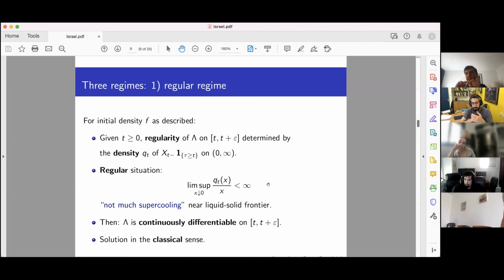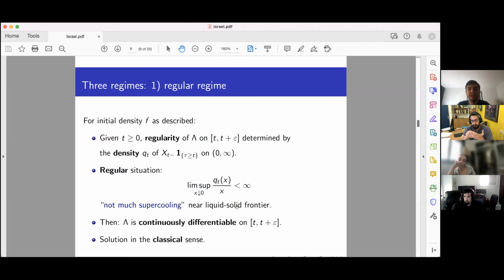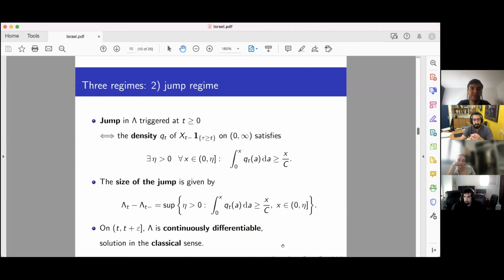So you will get a frontier lambda which is continuously differentiable on a small interval past time t, say from t to t plus epsilon. That's the boring regime, because there you solve the PDE classically, and you just observe a classical solution of the PDE problem on the small time interval.